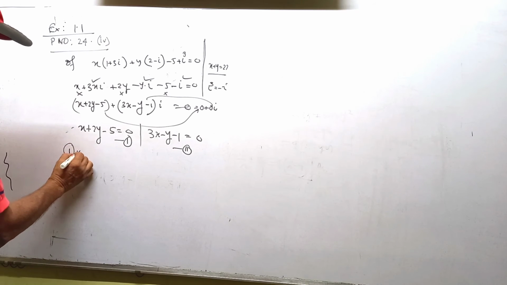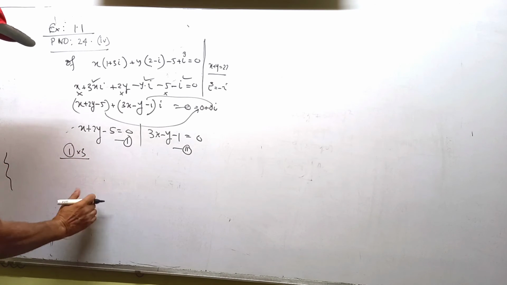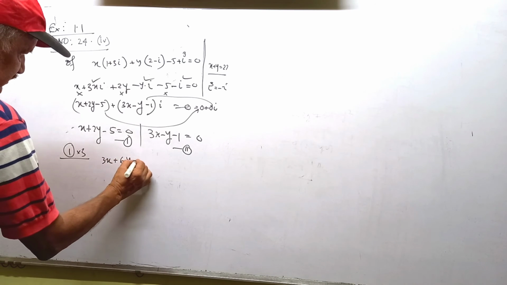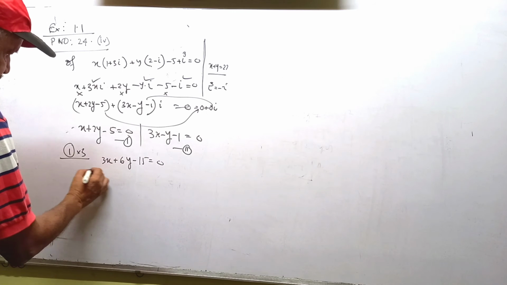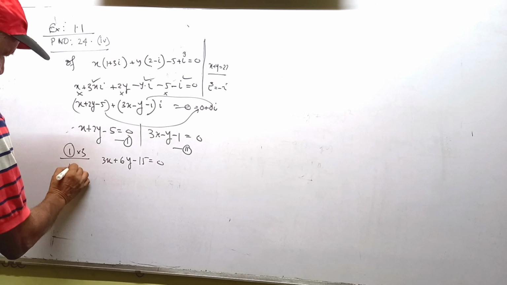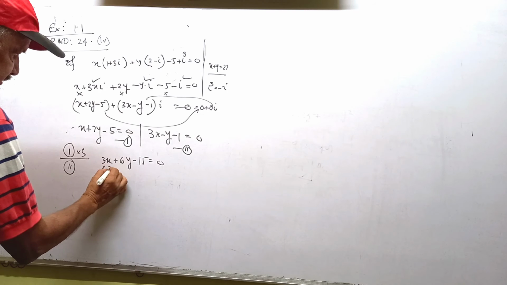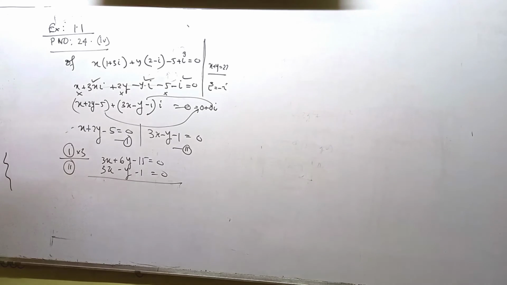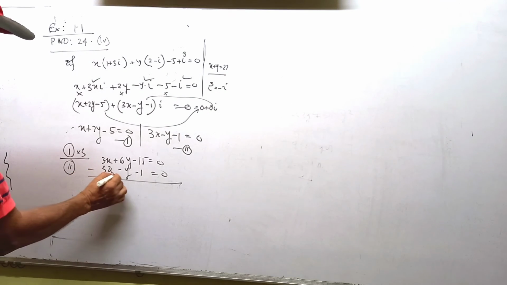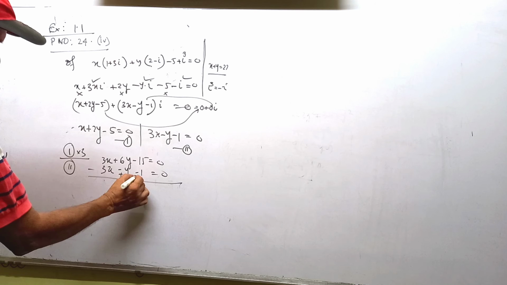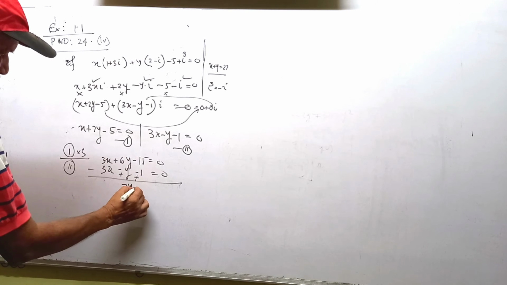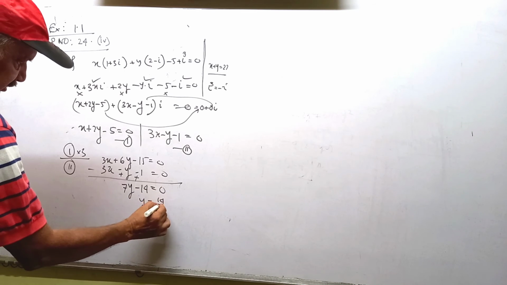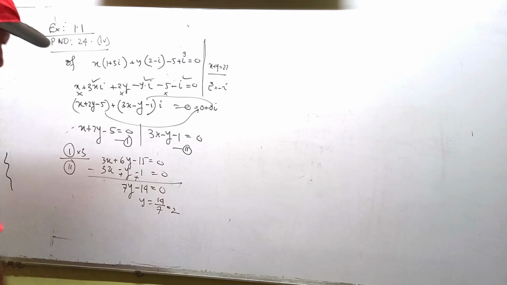Multiply 1 by 3 as we have done in standard class 10. So 3x plus 6y minus 15 equal to 0, and from 2 we have 3x minus y minus 1 equal to 0. So let us subtract. This gives 7y minus 14 equal to 0, and y equal to 14 by 7 equal to 2.